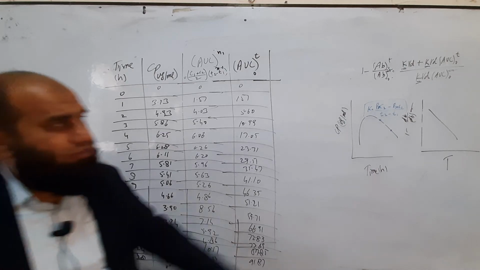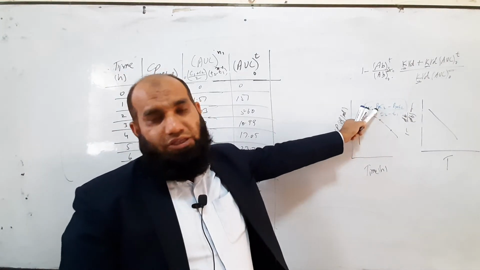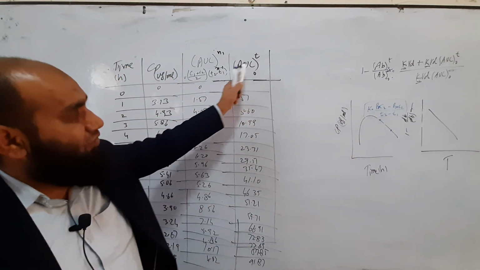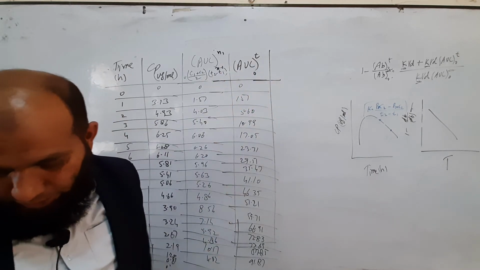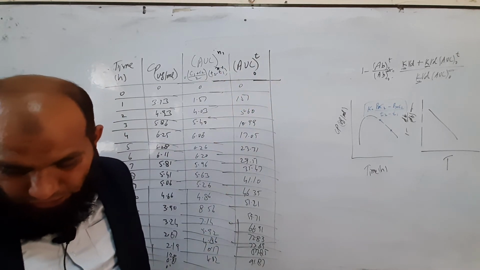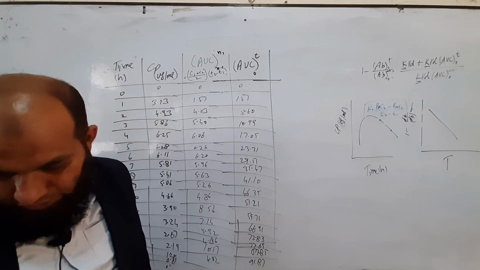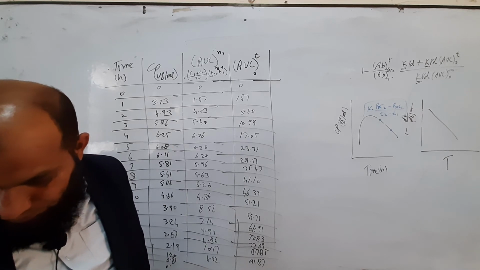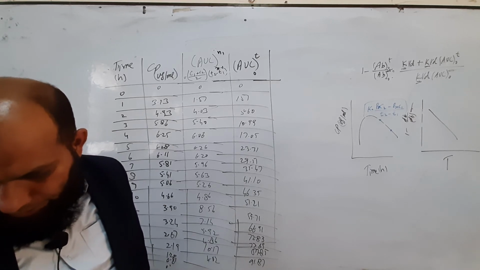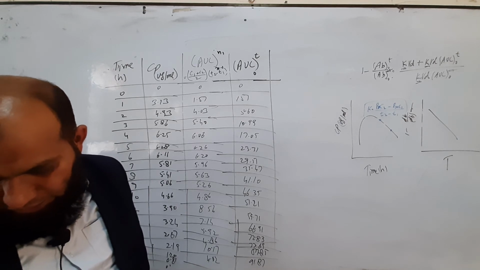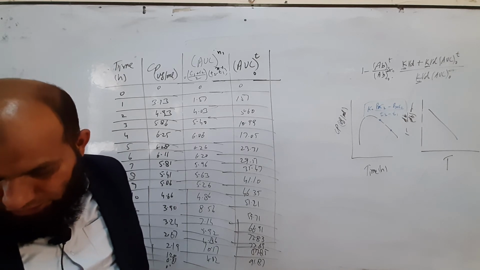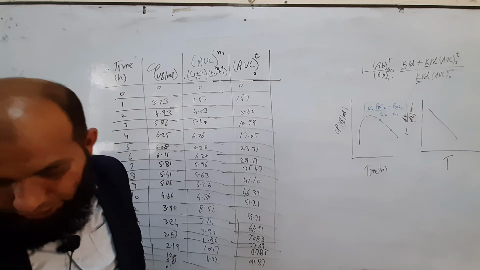We have calculated the K. Then we can multiply this with the K. From this data, the K value is 0.1 per hour.